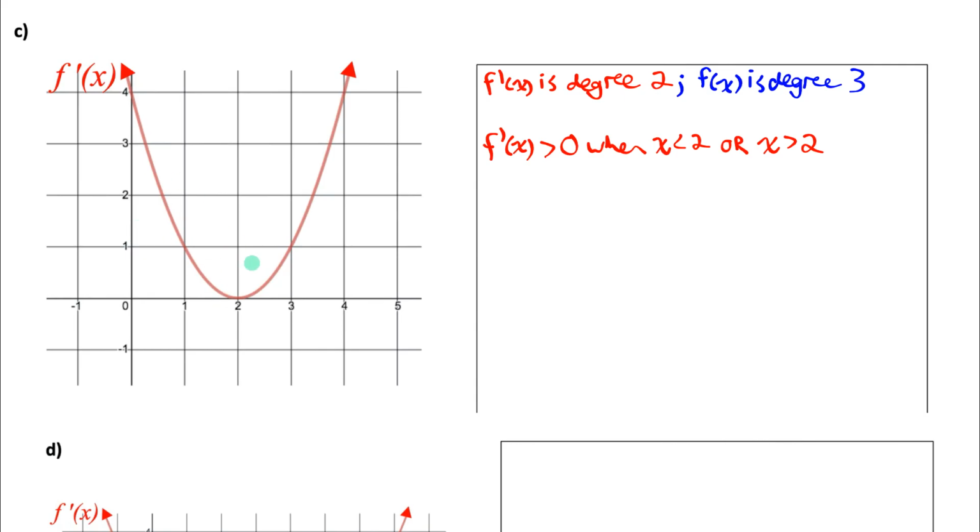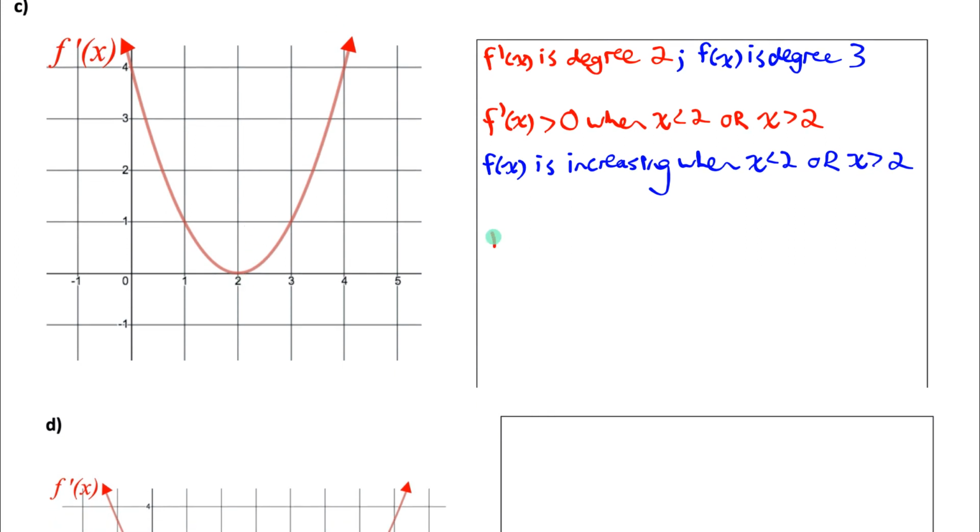It's above the x-axis before 2 and after 2, which means the original function, f of x, is increasing when x is less than 2 or when x is greater than 2. What's happening at 2? F prime at 2 is 0. That means that 2 is a critical number, which could be a local max or a min.